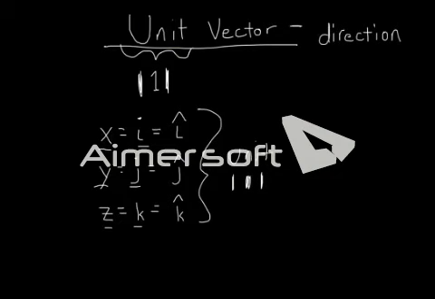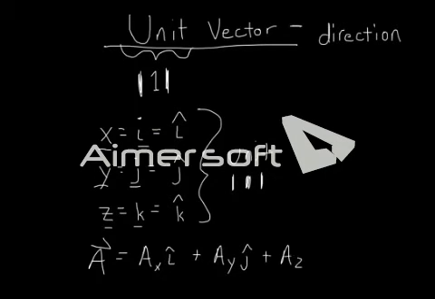You can often see vectors written as the A vector is equal to the magnitude of A in the X direction. Notice no little arrow, so I attach this little I hat to tell me the direction, to attach on the vector characteristic of direction, plus AY, the magnitude of my vector in the Y direction, and I'll attach a little J hat to tell me that it's moving in the Y direction, plus AZ and a little K hat to tell me that I'm moving in the Z direction.